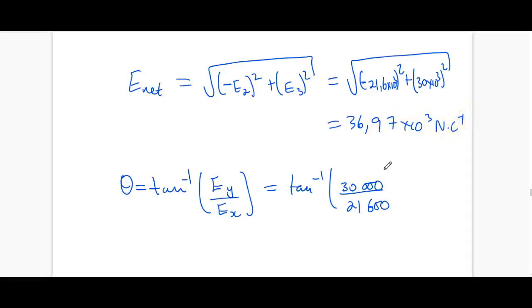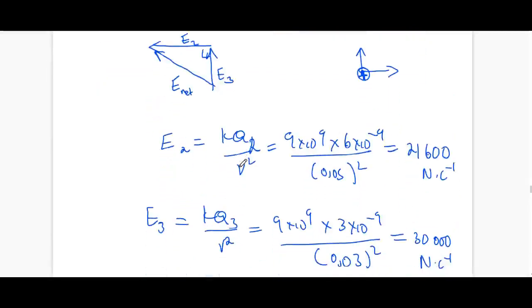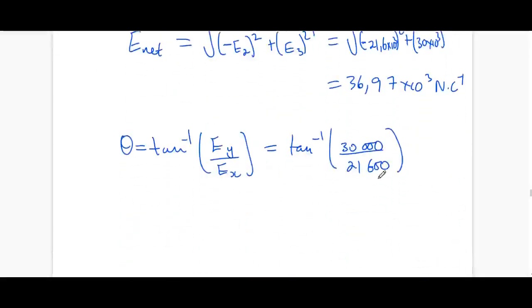Now here E3 is y, and E2 is x, so opposite over adjacent. Theta is tan inverse of that.